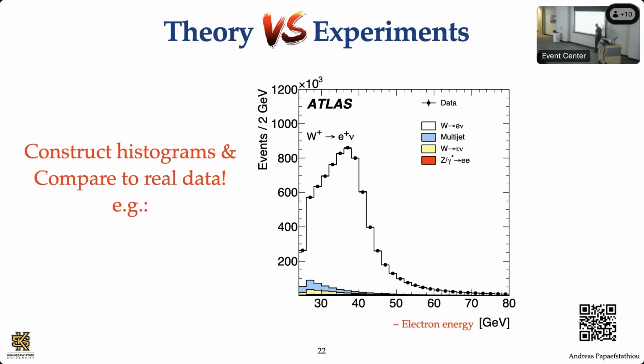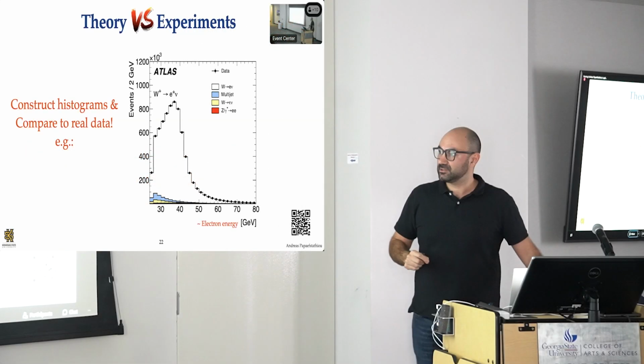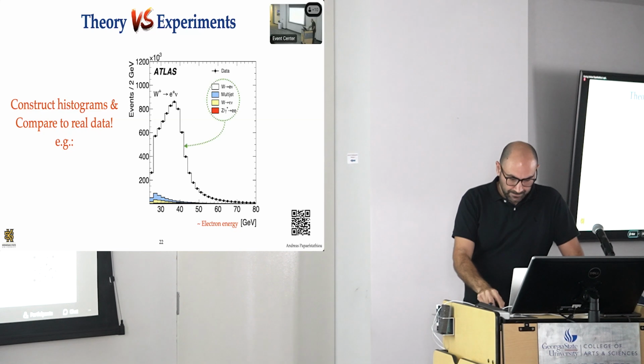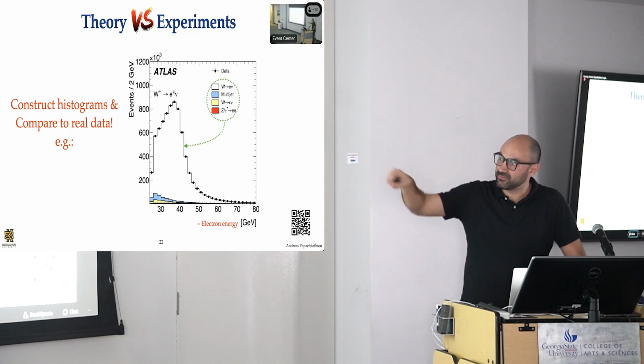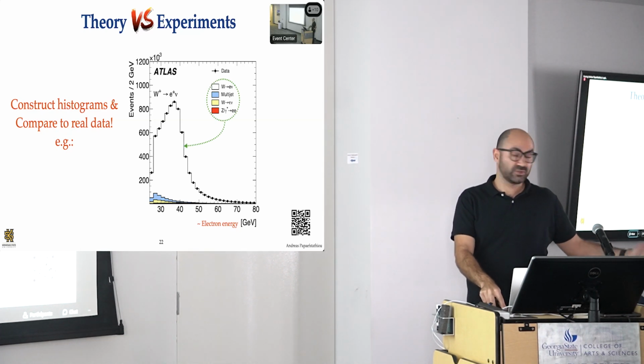The data is basically the black little dots, and you can compare the data with predictions, and the predictions are the solid histograms. The white solid histogram is a prediction through a Monte Carlo event generator, and the sum of those three are theoretical predictions through simulations.